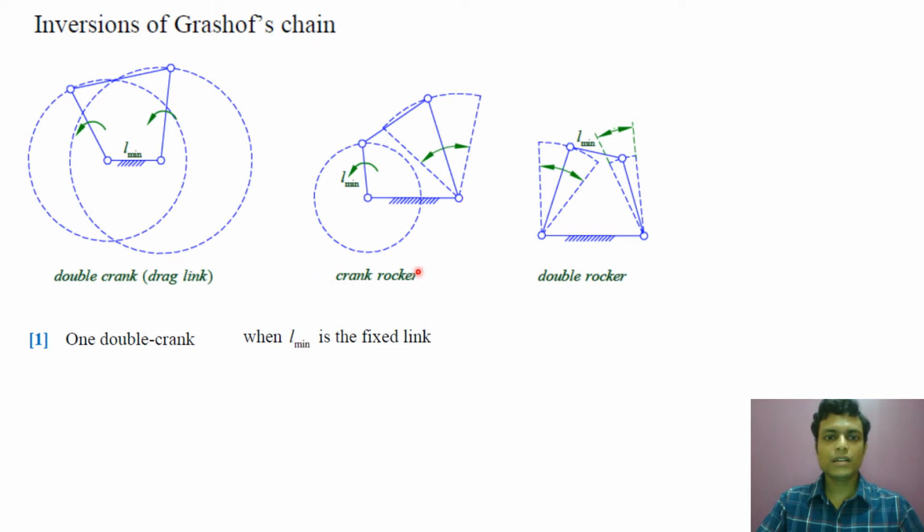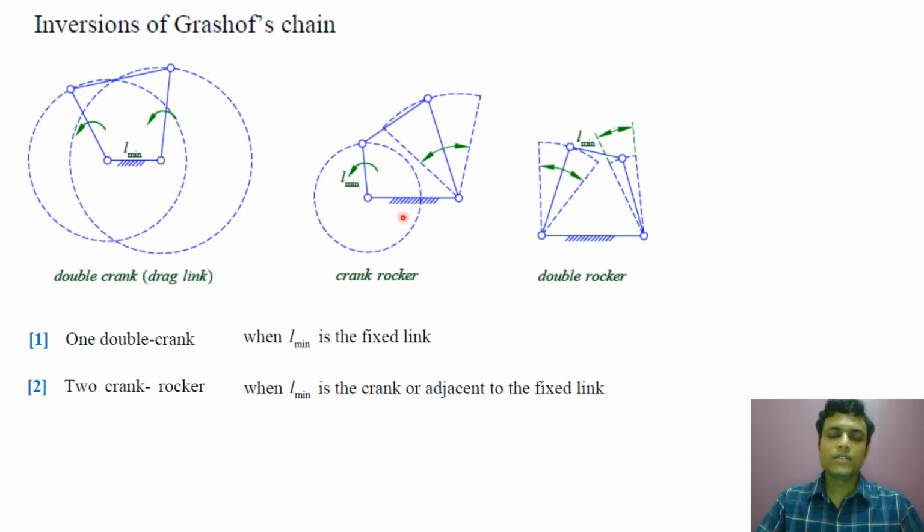Now come to the crank rocker mechanism. We will get two crank rocker mechanisms when L min is the adjacent link. So when L min is the crank or adjacent to the fixed link. So L min here is the crank, adjacent to the fixed link. So in this case what happened? This is the shortest link. It can make a complete rotation with respect to the fixed link.